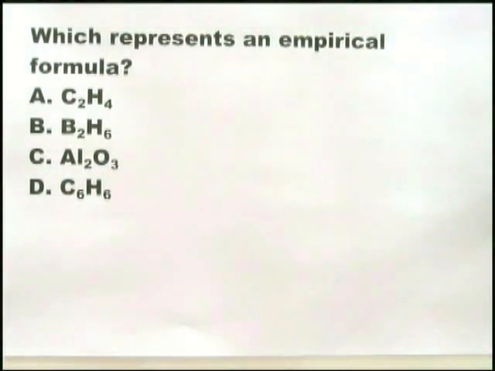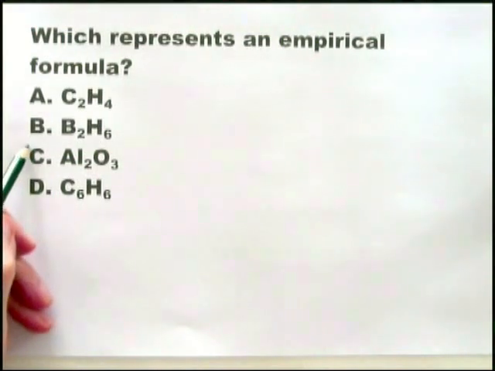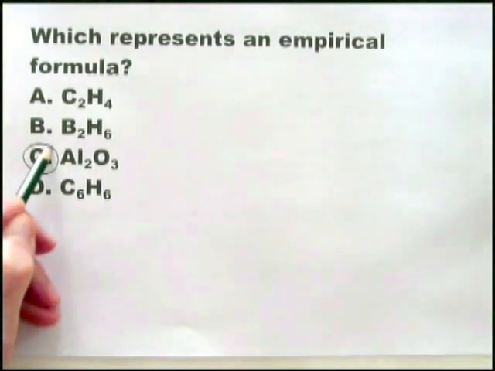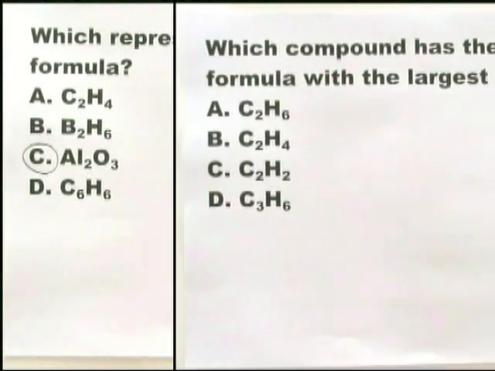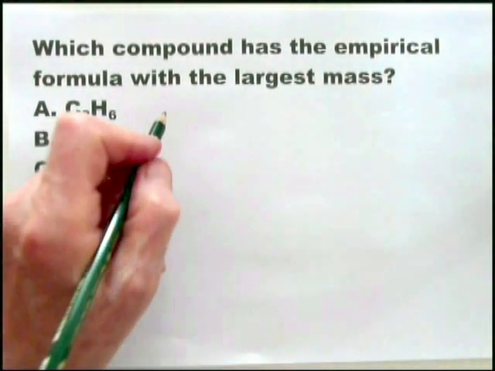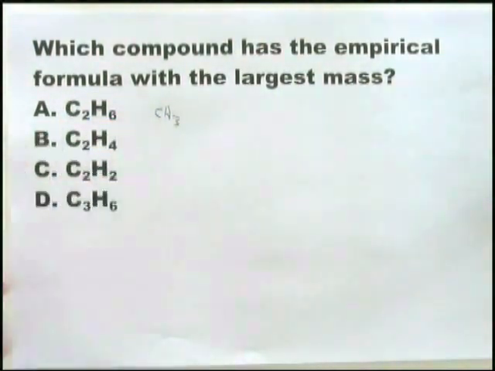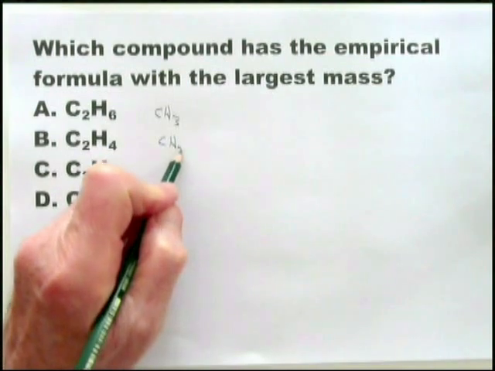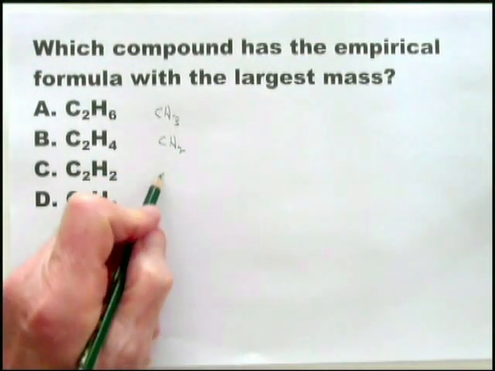And you're expected to immediately realize, it shouldn't take you more than 5 seconds, 10 seconds at the most, that this is the only empirical formula. When you look at this, you've got to clearly determine the empirical formulae, and then you can determine which one has the largest mass.